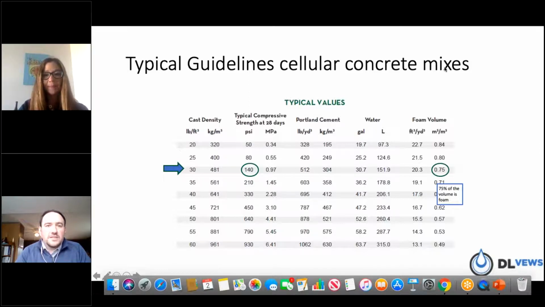Yes. There's a number of things that go into those considerations, i.e., what's the density of the material you're trying to pump? In situations where you're trying to pump further distances, it may behoove you to utilize a lower density grout. Then there's the type of equipment that particular installer is using to pump that distance. Usually the installers you talk to in the cellular concrete world will know what their machines are capable of.